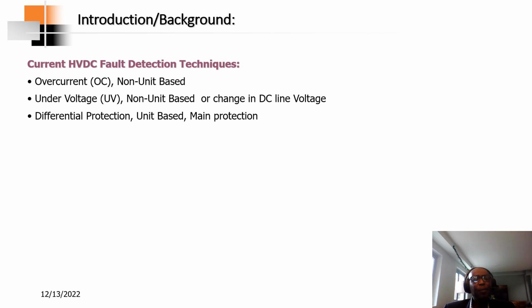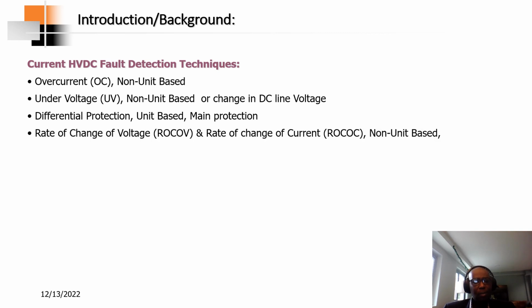Next is differential protection. Differential protection is unit based, and it is used as a main protection scheme. Next are the derivatives, which are the rate of change of voltage and the rate of change of current, and that is a localized, non-unit based protection scheme.